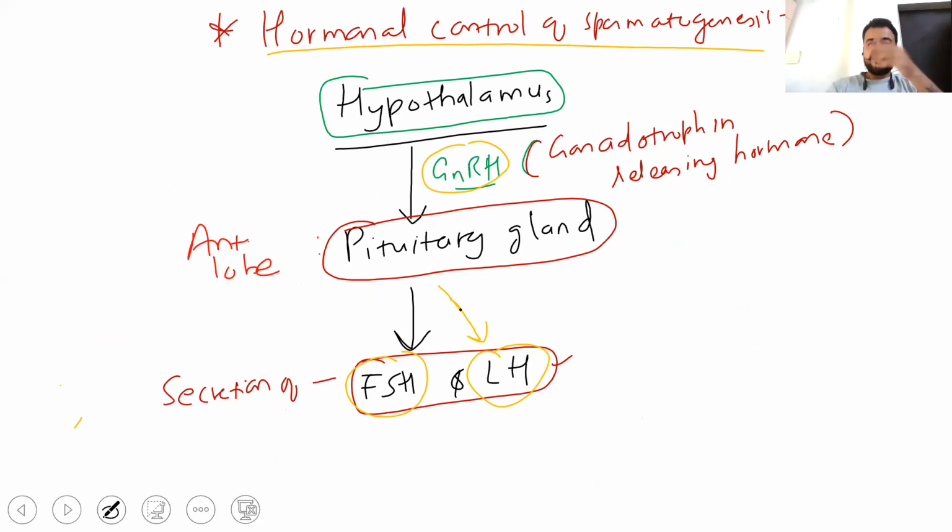As you know, the pituitary is controlled by the hypothalamus, which releases neurohormones that can be inhibiting or releasing. This is a releasing hormone, so it will stimulate the pituitary to produce FSH and LH. Go through the endocrine system once in 11th.